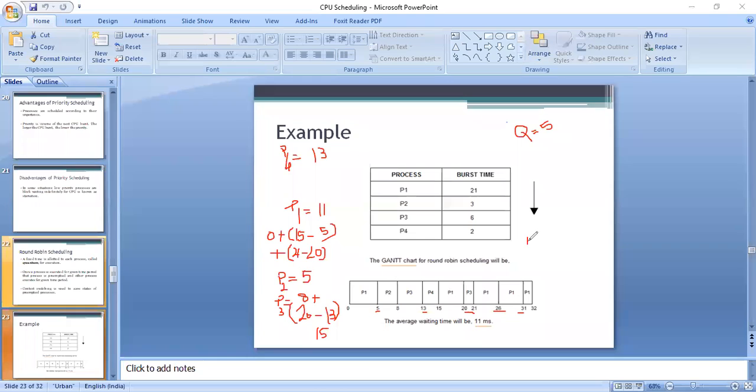It will be 11 plus 5 plus 15 plus 13 divided by 4.